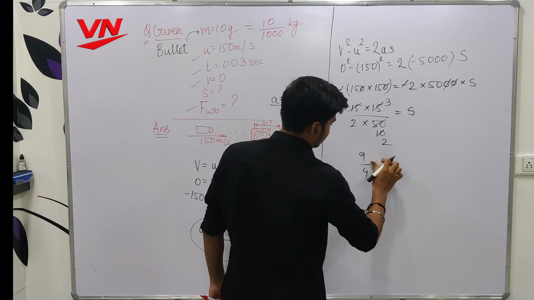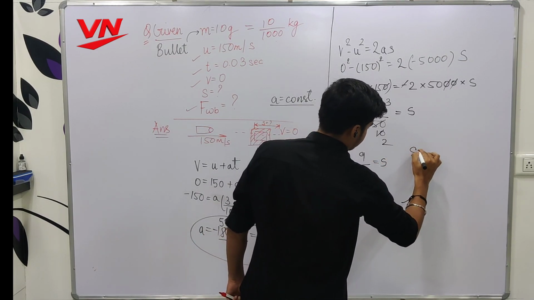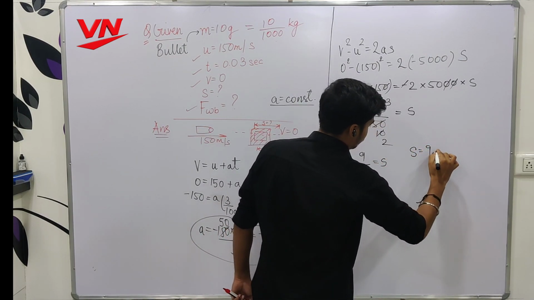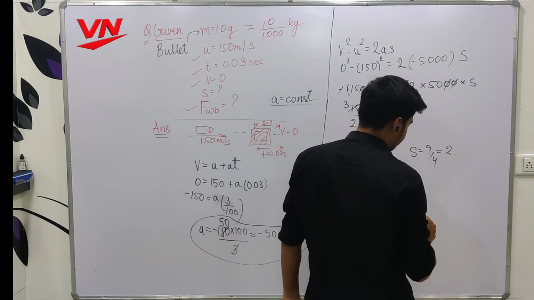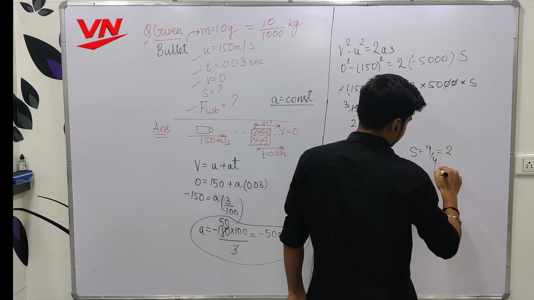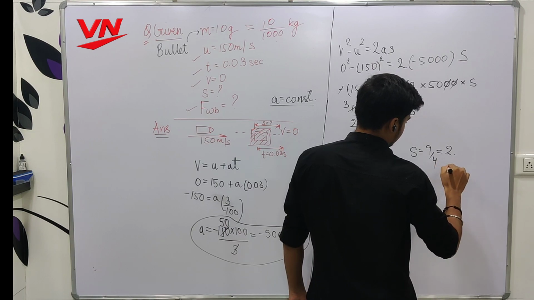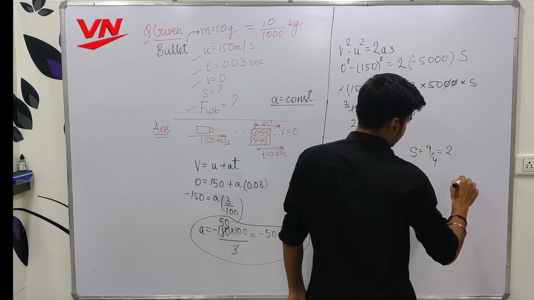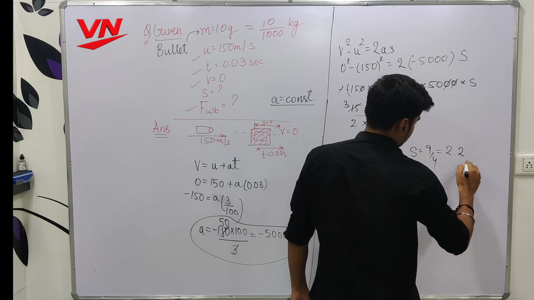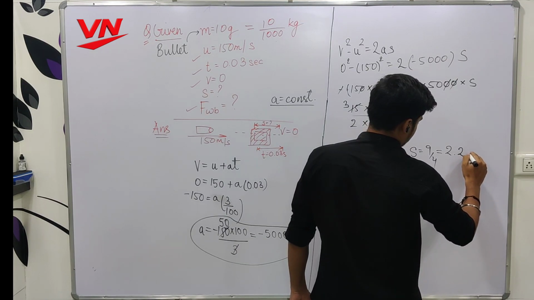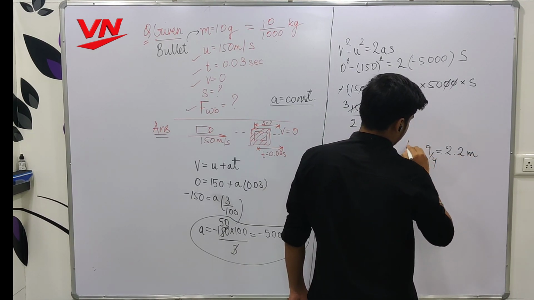I will get the answer of displacement as 9 by 4, or you can also say 2.25 meters.